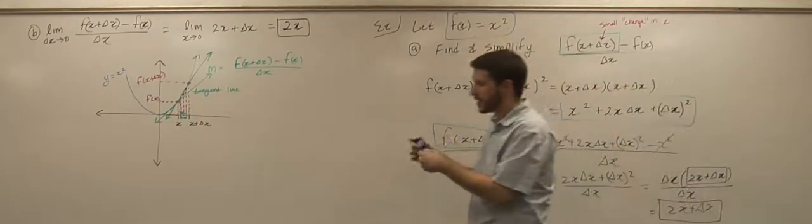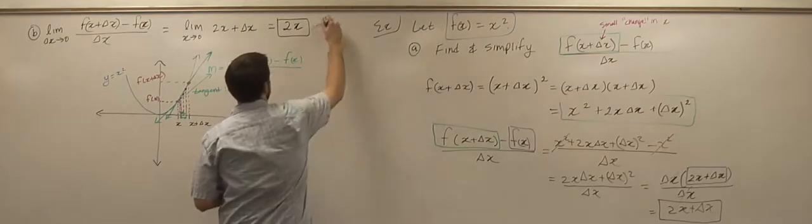This 2x is representing the slope of the tangent line at any x value.